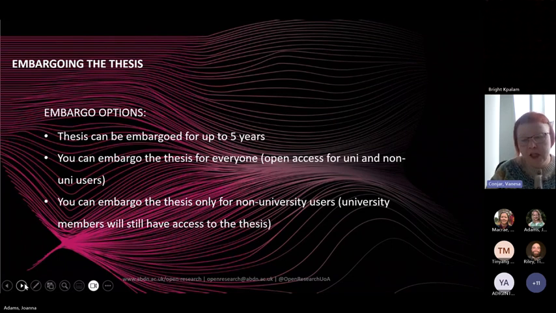You can embargo the thesis for absolutely everyone. Otherwise the thesis will be open access and accessible through the library catalog, but also the British Library harvests our theses and makes their own cataloging records, and then they put a link to the university collections.